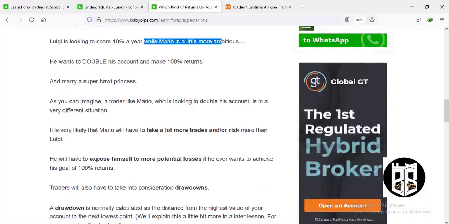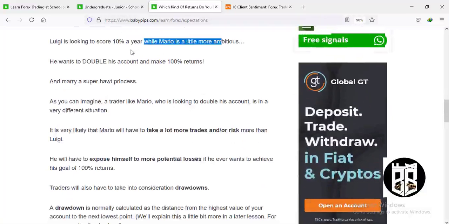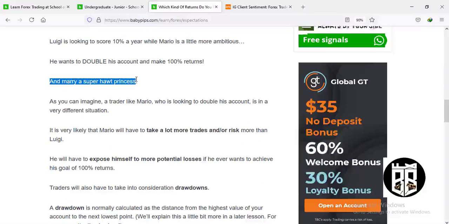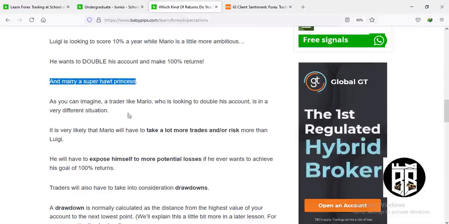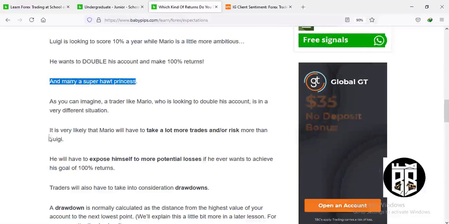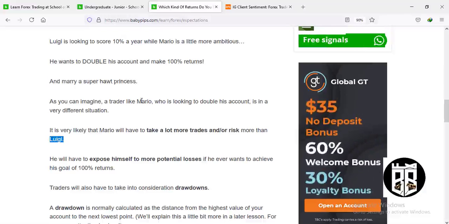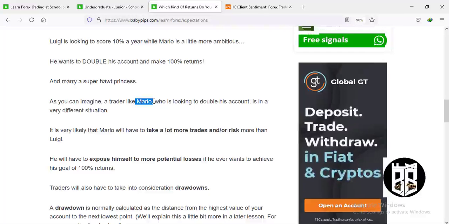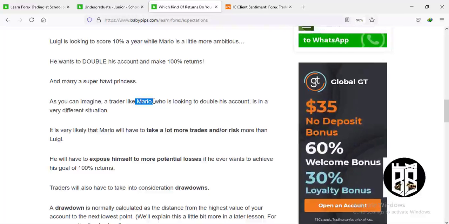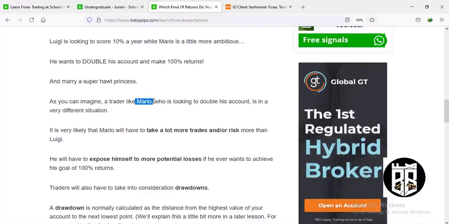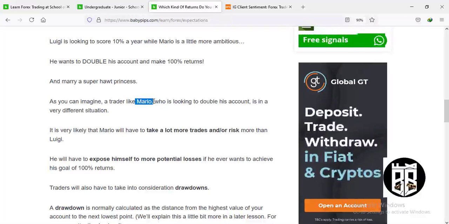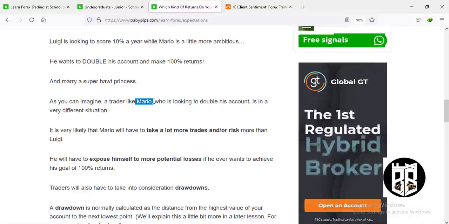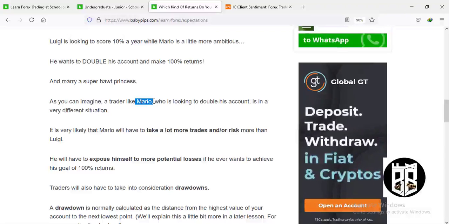After he makes that lot of money, he's going to marry a super hot princess. Who among these two people, Luigi and Mario, do you think is going to get stressed the more? The person who wants to double in a short while and marry a beautiful princess, or the person who says, in the whole year, if I have a 10% increment in my capital, that's a lot of money to me?